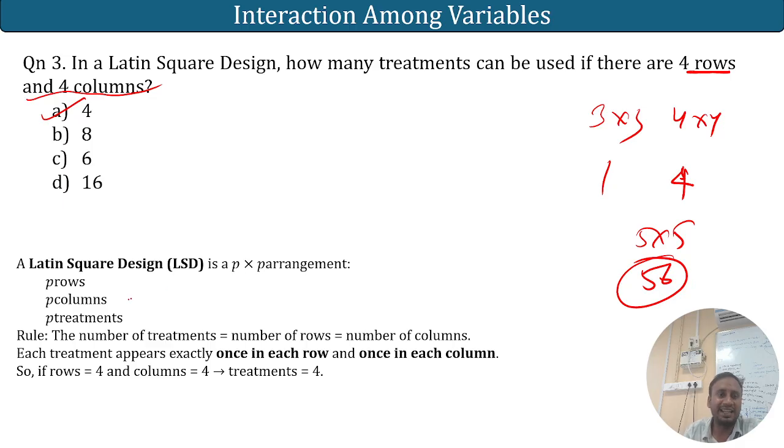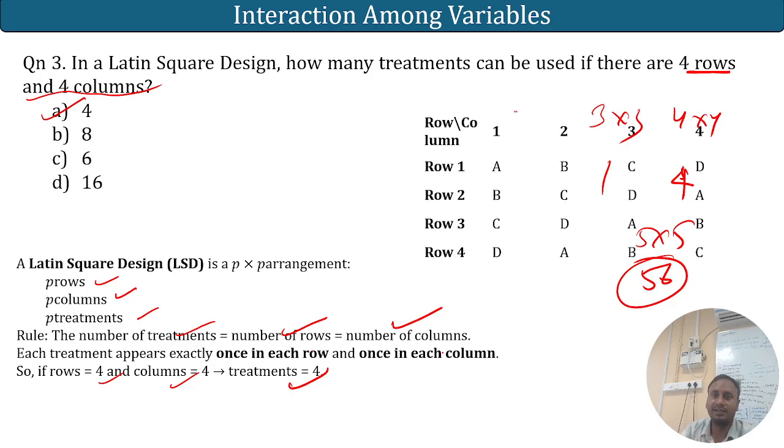It's a P by P arrangement: P rows, P columns, P treatments. The number of treatments equals the number of rows and columns. Each treatment appears exactly once in each row and once in each column. So with 4 rows and 4 columns, treatments will also be 4: A, B, C, D, in arrangements like B, C, A, D; C, D, A, B; D, A, B, C. That's the four possible cases.